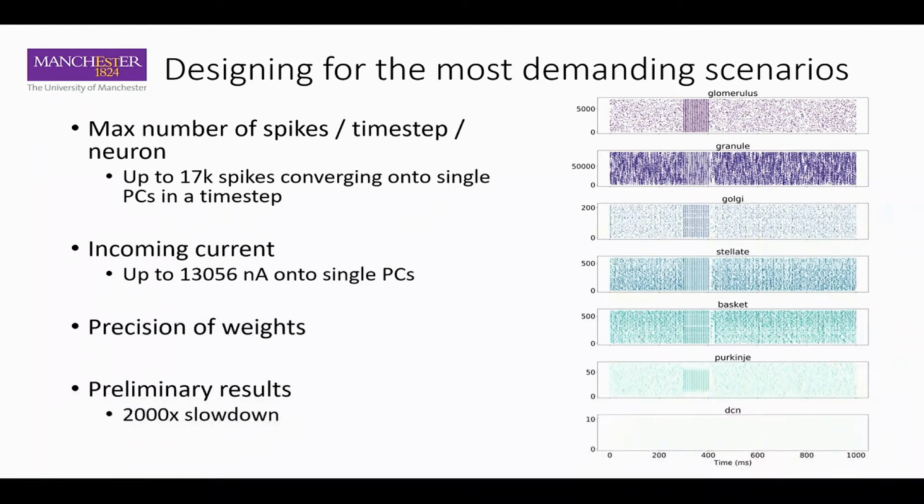And I'm going to get to a few slides down to explain exactly how many spikes we could do for the cortical microcircuit that allowed us to do it in real time.